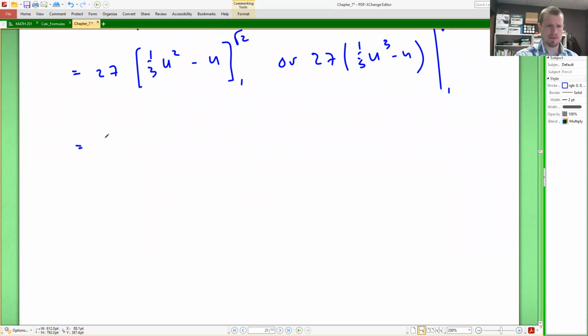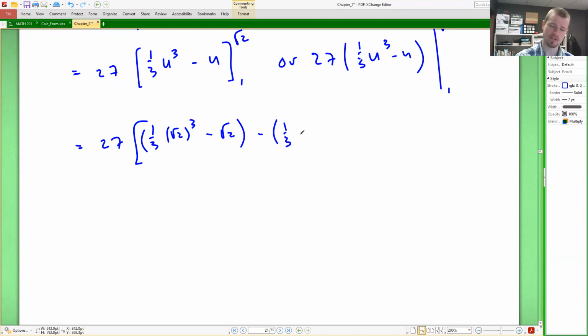But when we evaluate this, of course, this is 27 times evaluation at root 2. So 1/3 root 2, oh, that should be cubed. Root 2 cubed minus root 2. So we take that thing and we subtract the evaluation at 1. 1/3 times 1 cubed is just 1/3 minus 1.